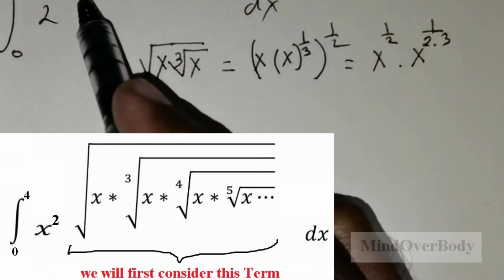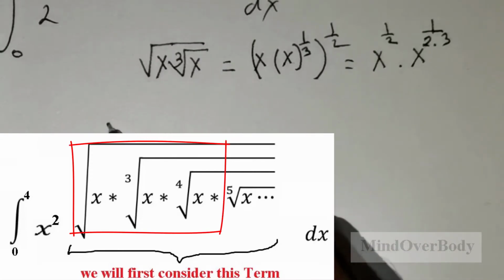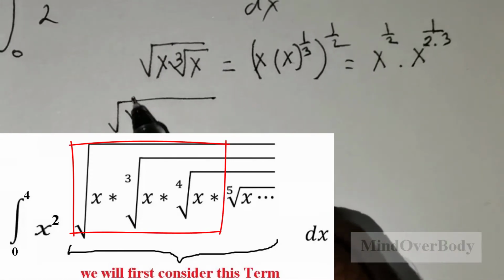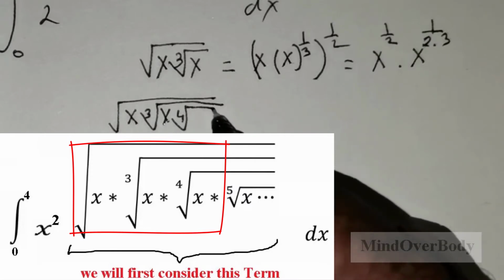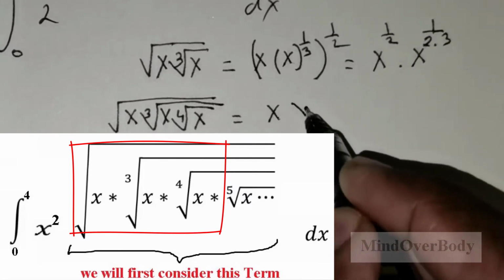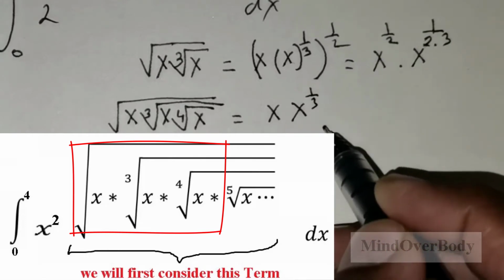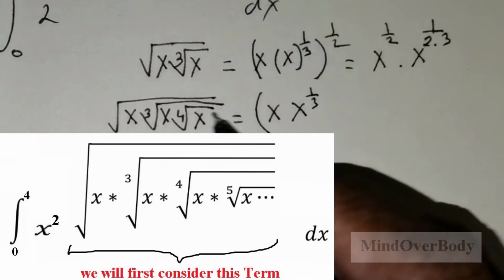Now let us see what we get when we club the first, second and third terms. Rewriting it, we have the square root of x followed by the third root of x followed by the fourth root of x. Now this is going to be x and the third root of x and then the fourth root of x.